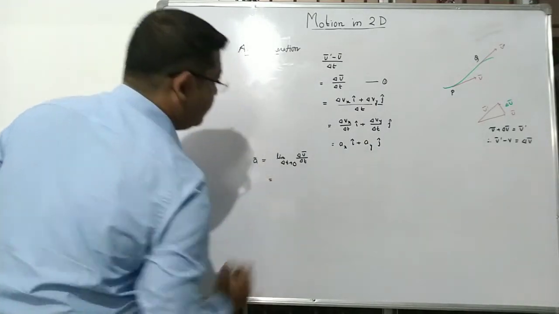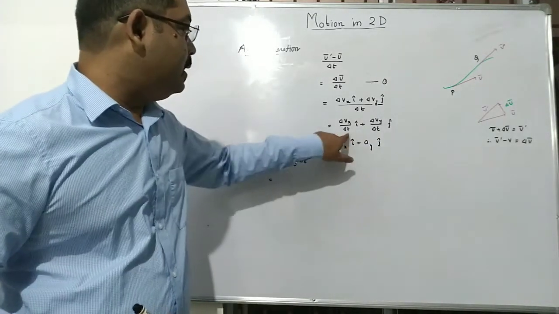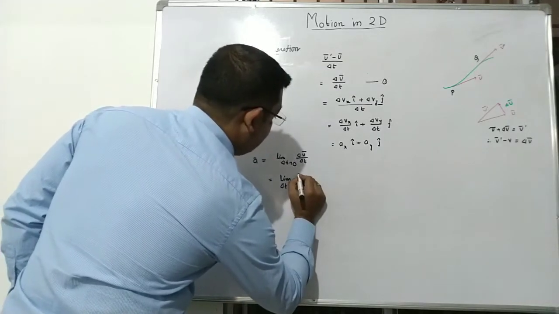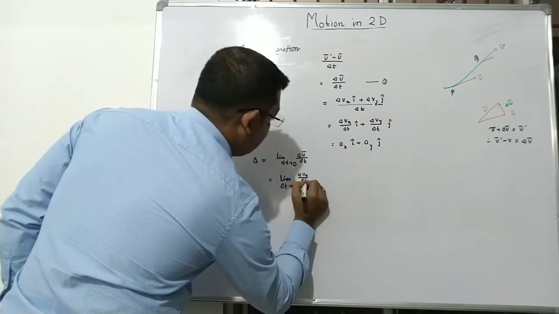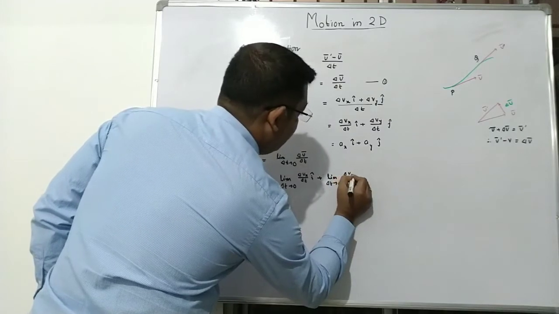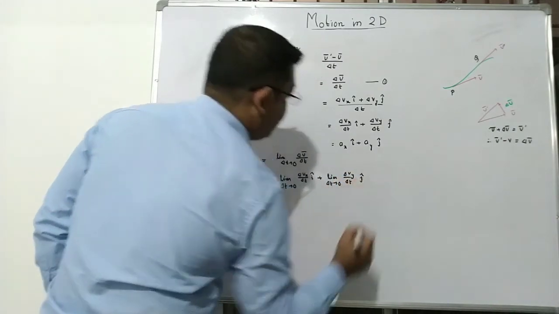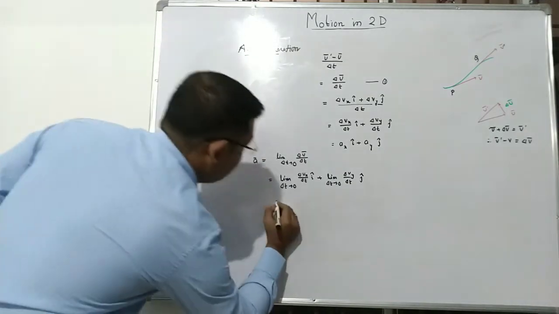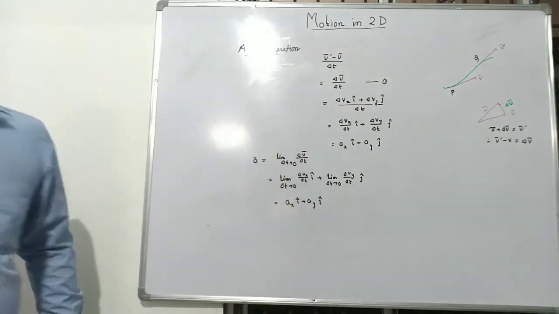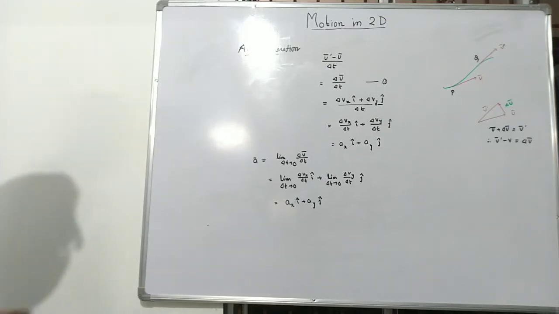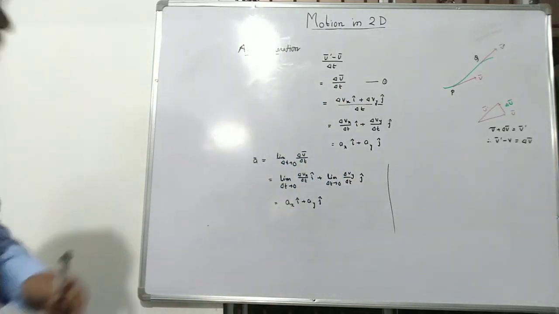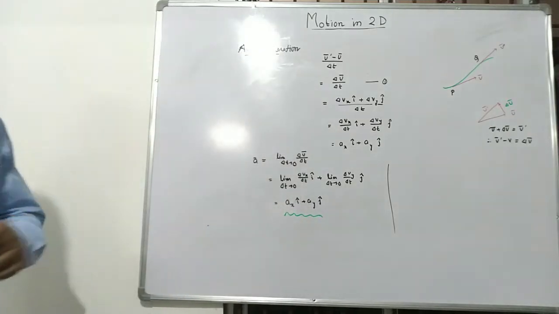This will be equal to the limit delta t tends to 0 of delta Vx by delta t i cap plus the limit delta t tends to 0 of delta Vy by delta t j cap, or we can simply write it as ax i cap plus ay j cap in terms of the instantaneous quantities. Now, what is ax?